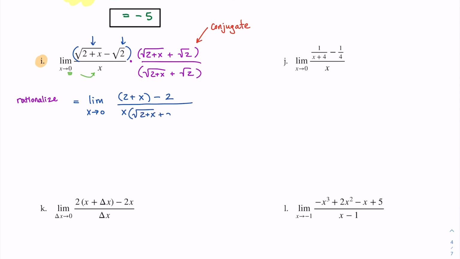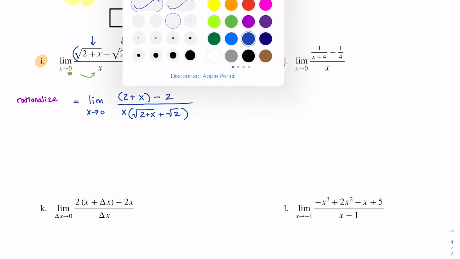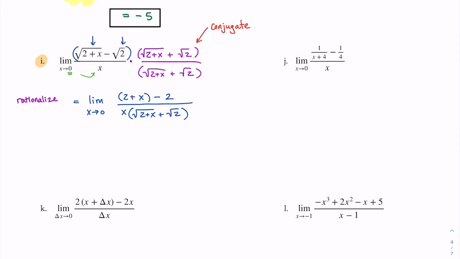And now you may be saying to yourself, the x is still in the denominator, so this limit can't be substituted. And you're right, except look what happens up here. Watch what happens. What is 2 plus x minus 2?